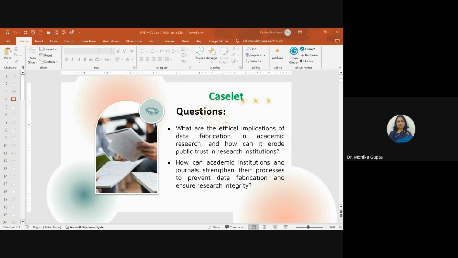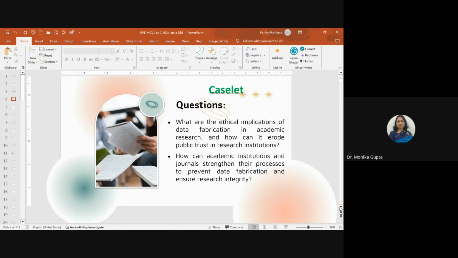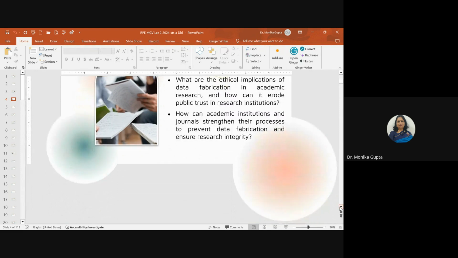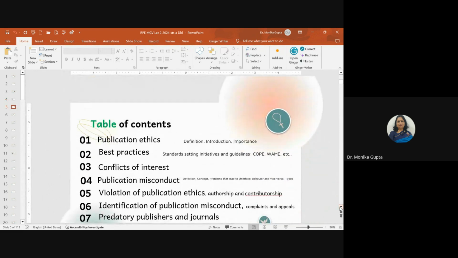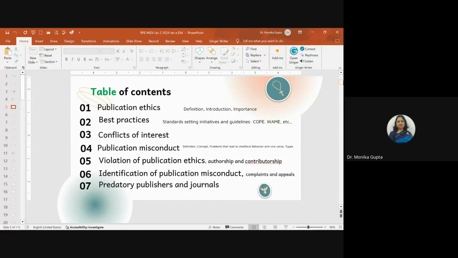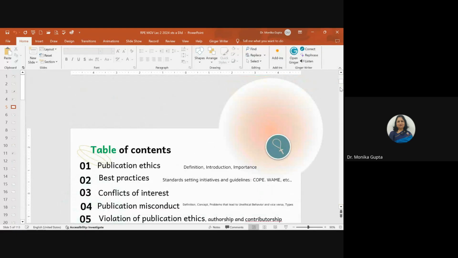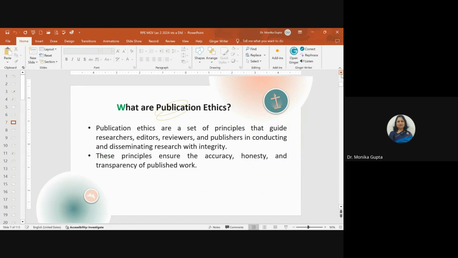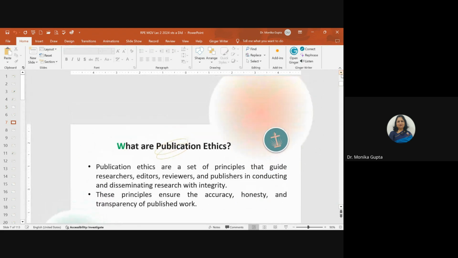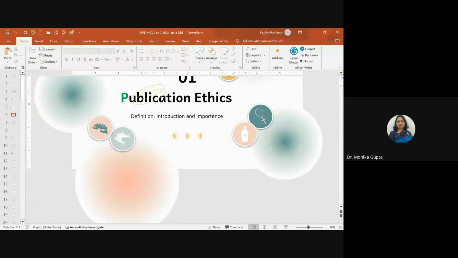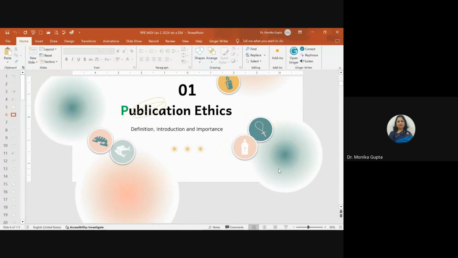Okay. So you see, one case study can lead to different analysis, and we can club because we all have different thought processes. So this is the table of contents for this session of today. We have been covering the first part, that is publication ethics, but we will discuss in detail again.